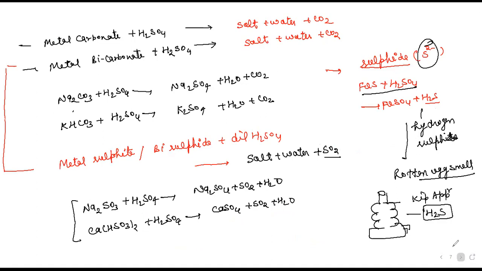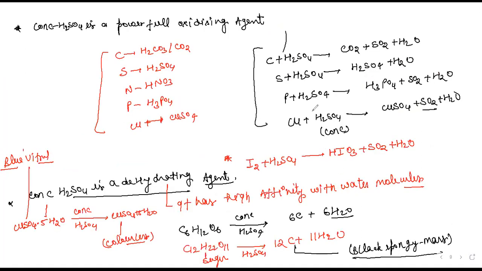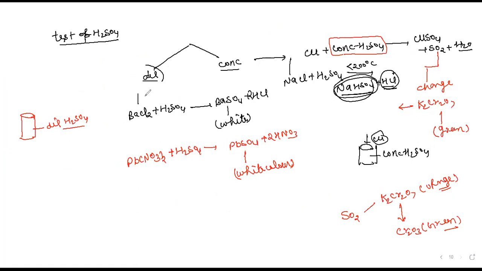Then, if we talk about the properties, it is a non-volatile liquid, which is used in the preparation of HCl and HNO3. Then it is a powerful oxidizing agent, used to oxidize many kinds of materials to their corresponding salt or acid. And it is a powerful dehydrating agent which absorbs moisture from glucose as well as cane sugar. And the last one is the chemical test of H2SO4, diluted and concentrated, where we get different phenomena.